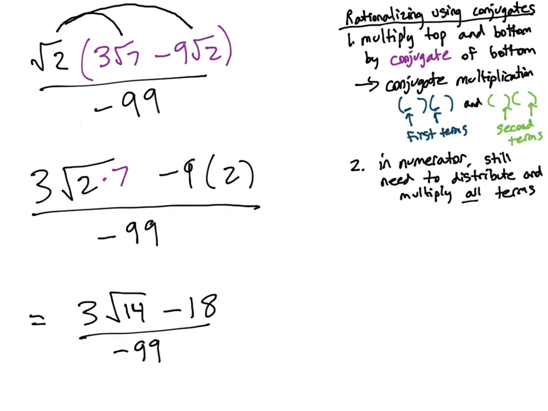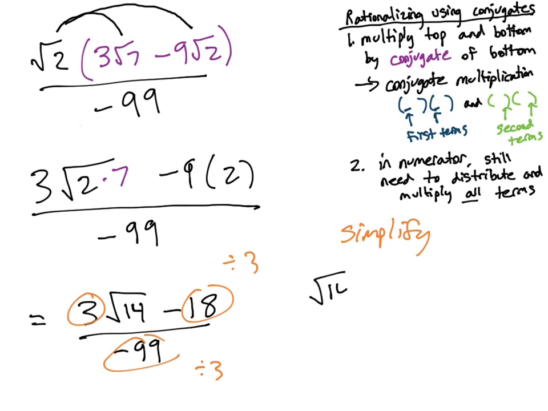There are no more square roots in our denominator, but we should always try to simplify if we can when we're dealing with fractions. And every term in this fraction is divisible by 3, so let's divide the numerator and denominator by 3, and we'll get just the square root of 14 minus 6 all over negative 33.